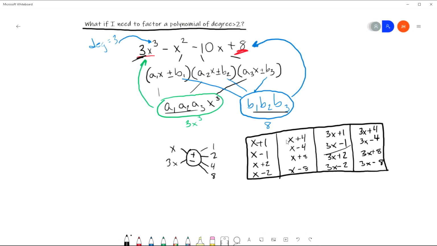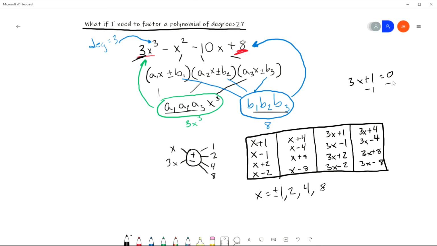So looking at these, the possible zeros would be x equals plus or minus 1, plus or minus 2, plus or minus 4, and from this one, plus or minus 8. Ooh, 3x plus 1. What happens when 3x plus 1 equals 0?